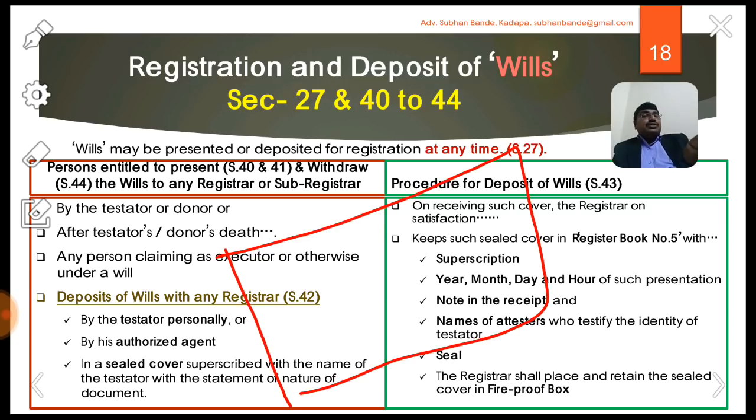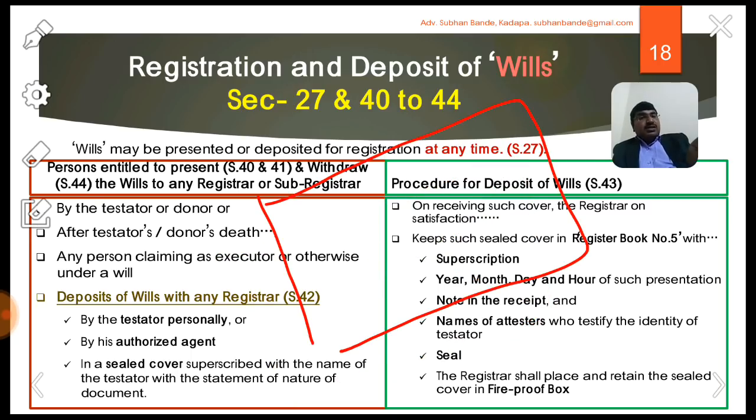He should execute the will and keep it in a sealed cover, which should be superscribed with the name of the testator, Mr. XYZ's will, with the statement of the nature of the document. This is related to presentation and deposit of wills to any registrar, not sub-registrar.